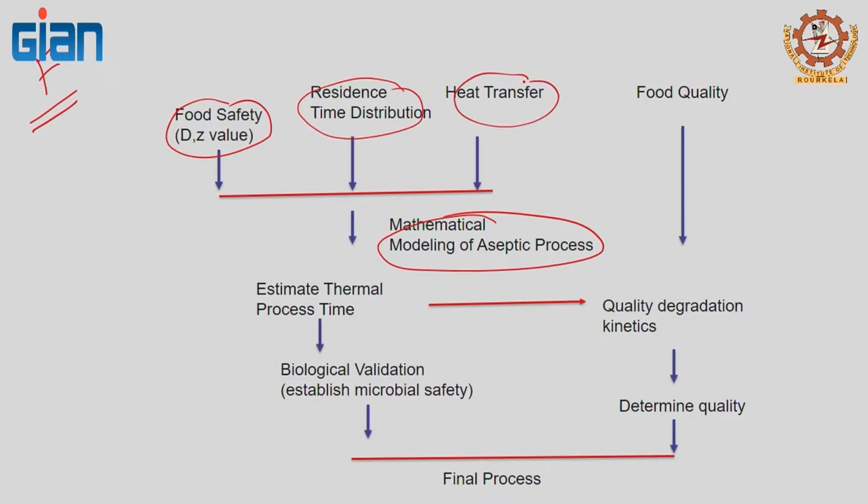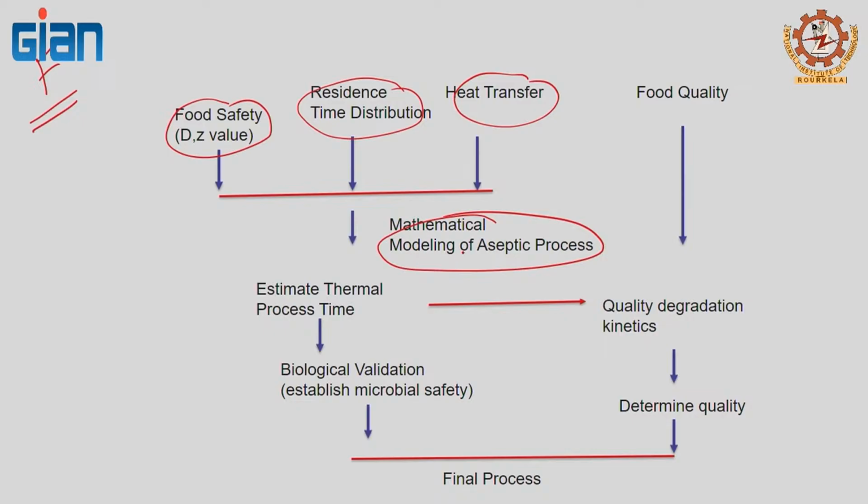We also need to know the heat transfer. What is the heat transfer from the heating medium to the liquid? What is the heat transfer from the liquid to your solids? Maybe you have some carrots, potato, or other meat products in your soup. What type of heat transfer is taking place?